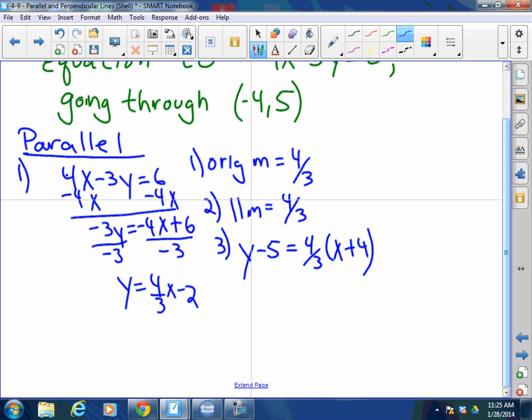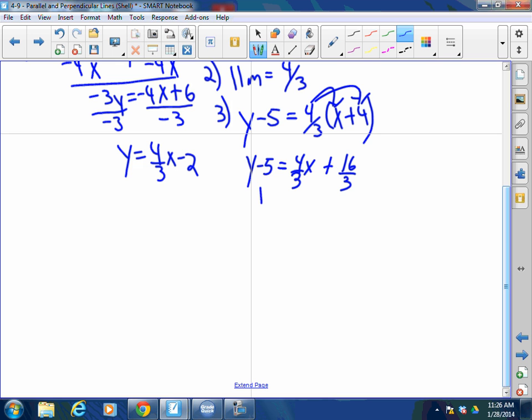Now, we've got to solve, and I did this on purpose. I did it ugly because you've got to know how to work with ugly numbers. This is y minus 5 equals 4/3 x, because I distribute, plus 16/3, because 4 times 4 is 16, and 3 times 1 is 3, so that's 16/3. Everyone with me there? How do I solve for y? That's exactly right.